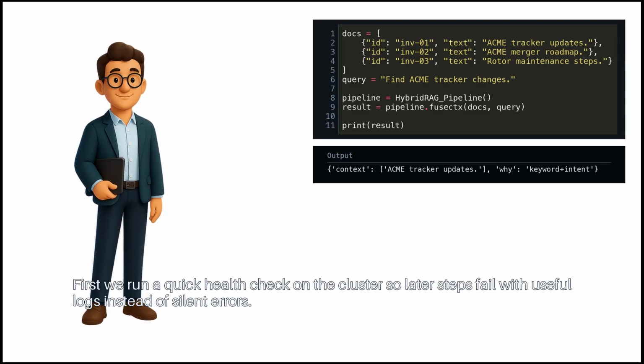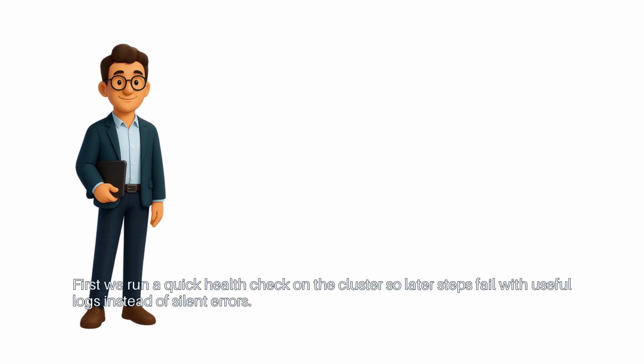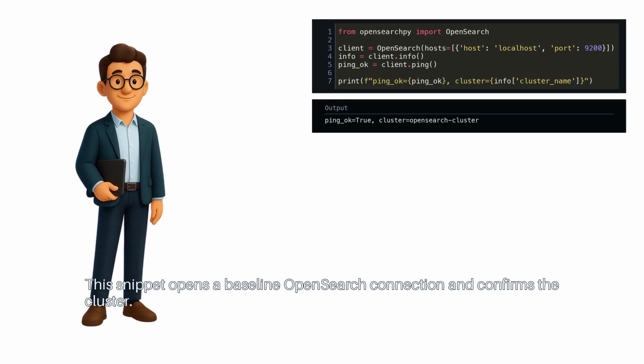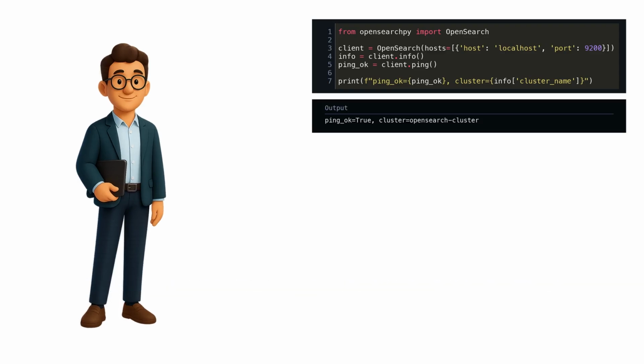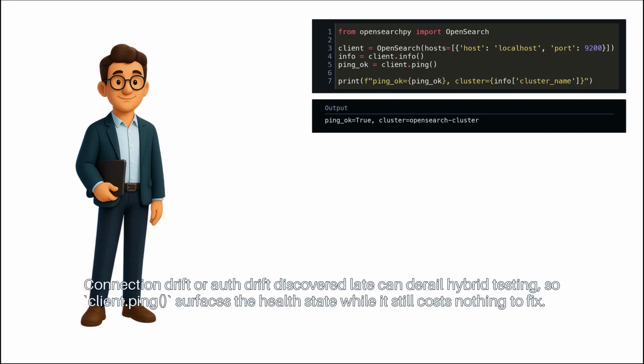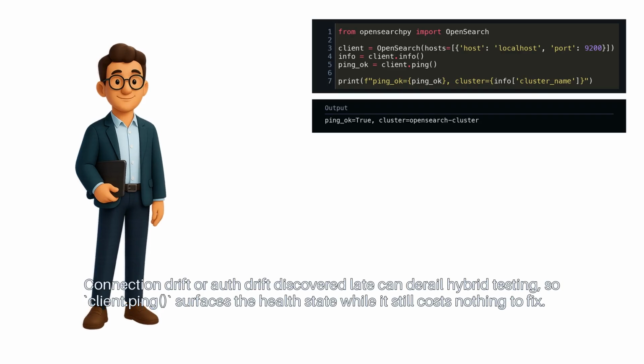First, we run a quick health check on the cluster, so later steps fail with useful logs instead of silent errors. This snippet opens a baseline OpenSearch connection and confirms the cluster. Connection drift or auth drift discovered late can derail hybrid testing, so client.ping surfaces the health state while it still costs nothing to fix.